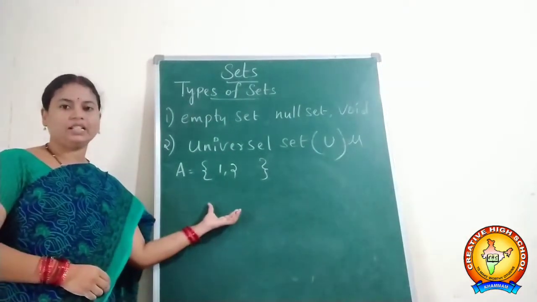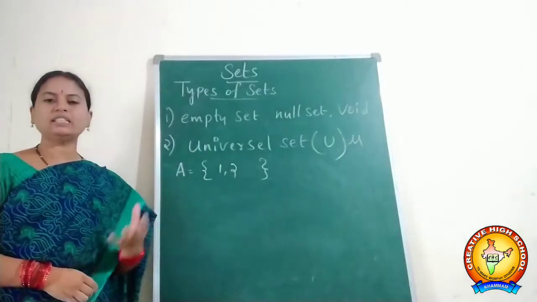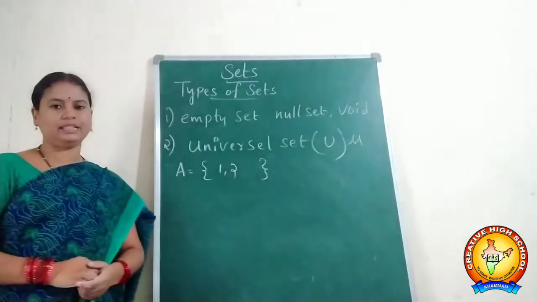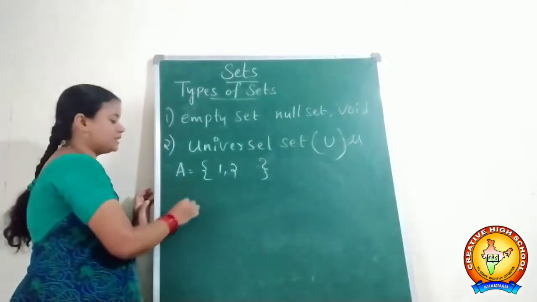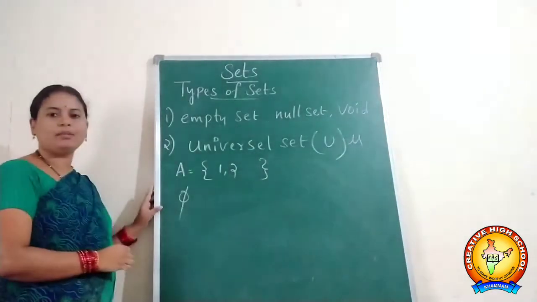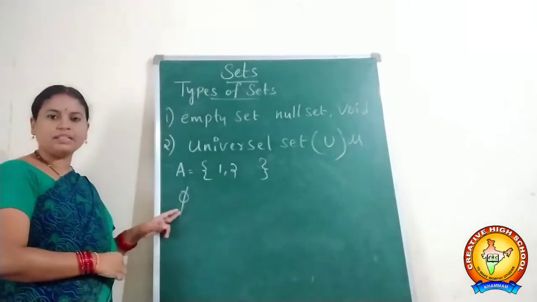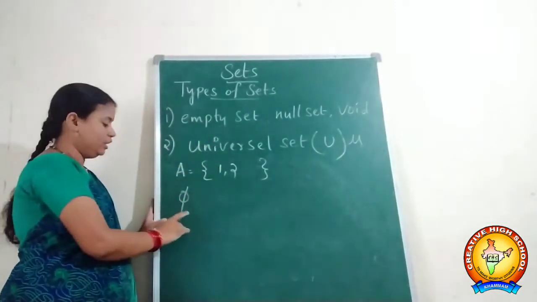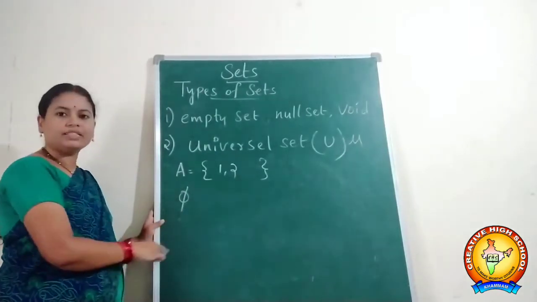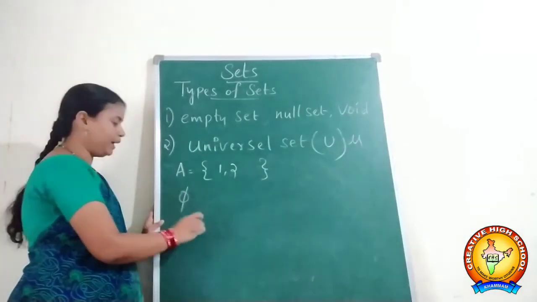From this set, how many subsets, how many small sets, can we write? Let us see. First of all, phi is the subset of every set. Remember that phi is the subset of every set. Phi means the empty set. So that's why I am writing the phi first.